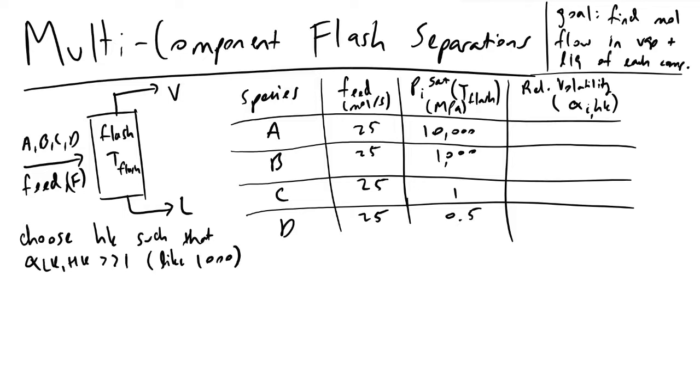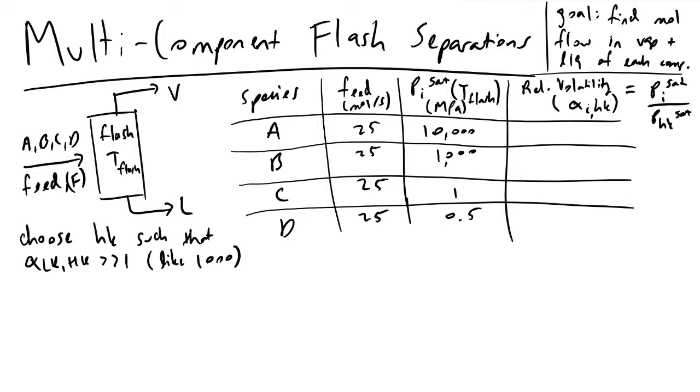And so the first step we're going to take after we've made our table and listed all of the species is begin to define this term called relative volatility. And relative volatility, we can kind of think of it as a ratio of the saturation pressures. So it would be P_i sat divided by P heavy key sat.